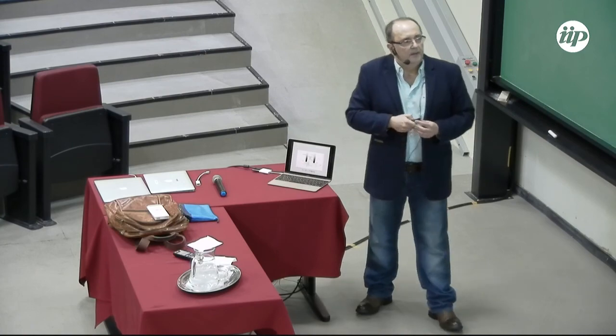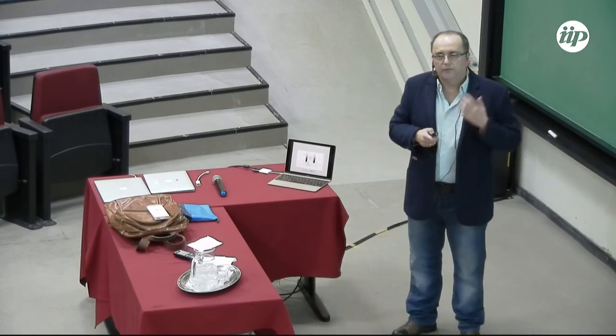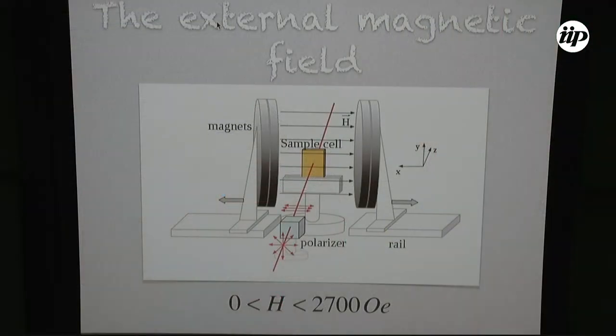Well, the point now is to see the effect of the magnetic field. We put the sample between two permanent magnets, which put a field that can be from 0, when they are very far one from the other.